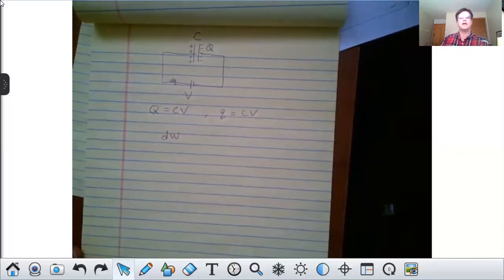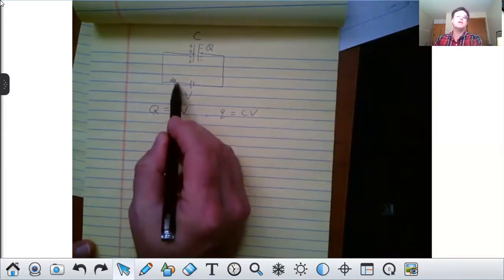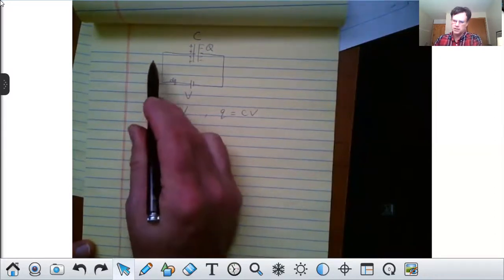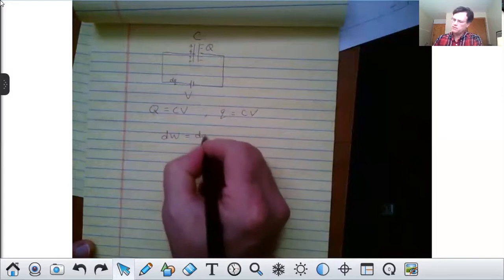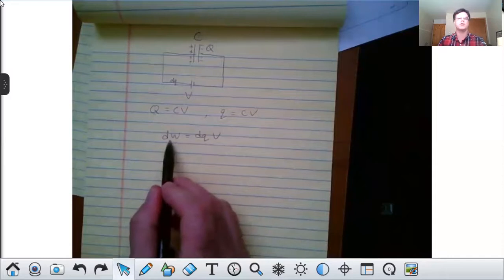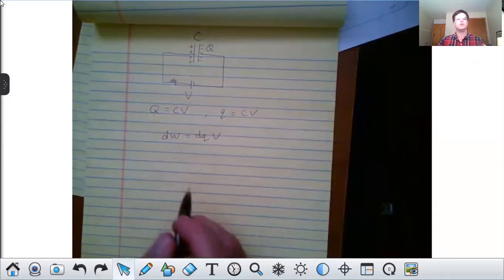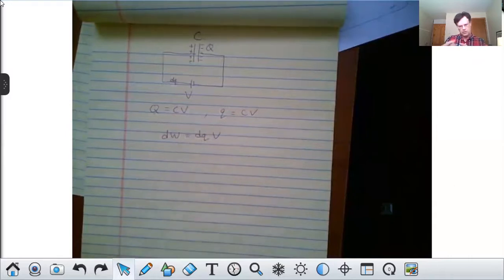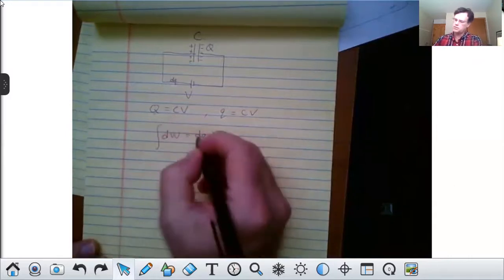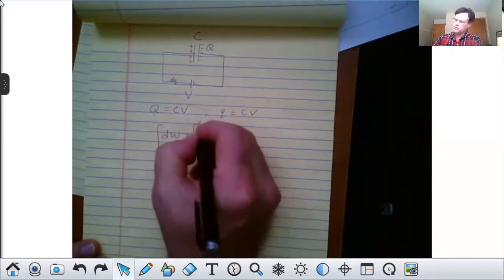And remember, work and energy are related to voltage by the fact that I just multiply the voltage by the test charge. So now I'm moving my little dq amount of charge, pushing it onto the capacitor. My voltage comes from the battery, right? So charge times voltage equals work or energy. If I want the total amount of work done to build up to that total charge, I've got dq's, so I just integrate from 0 to my total charge.